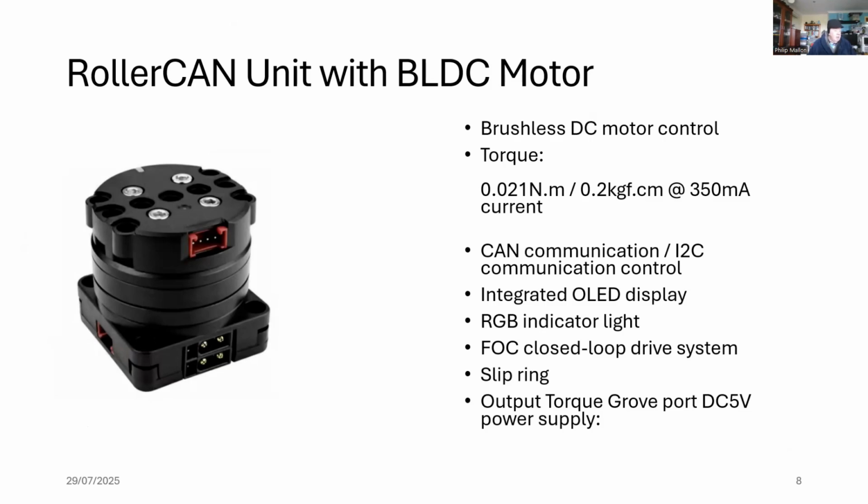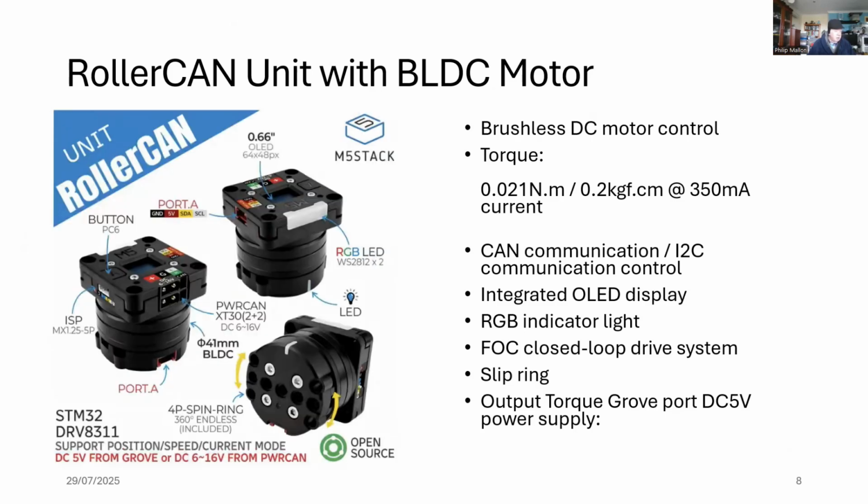The next motor, increasing in torque value, is the Roller CAN unit from M5Stack. Again, it's a brushless DC motor, and these are the characteristics of it. The torque is shown here on the list.